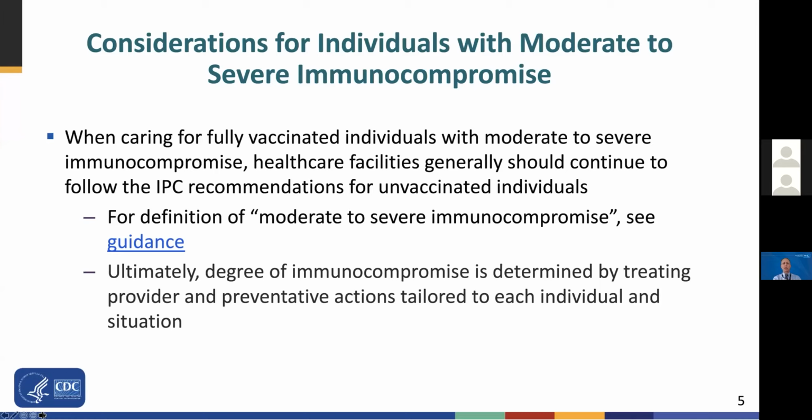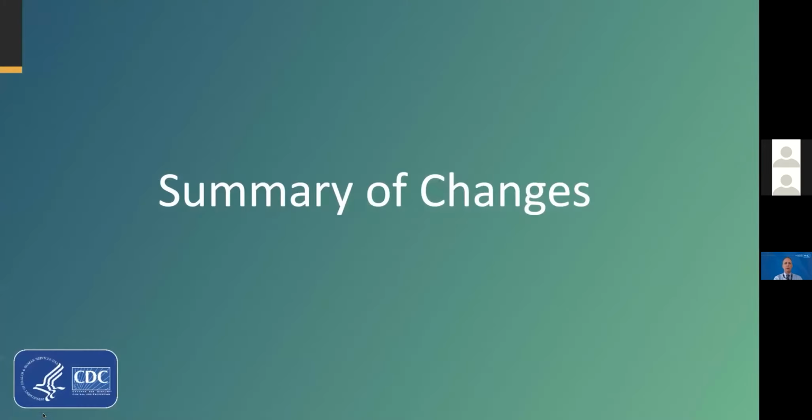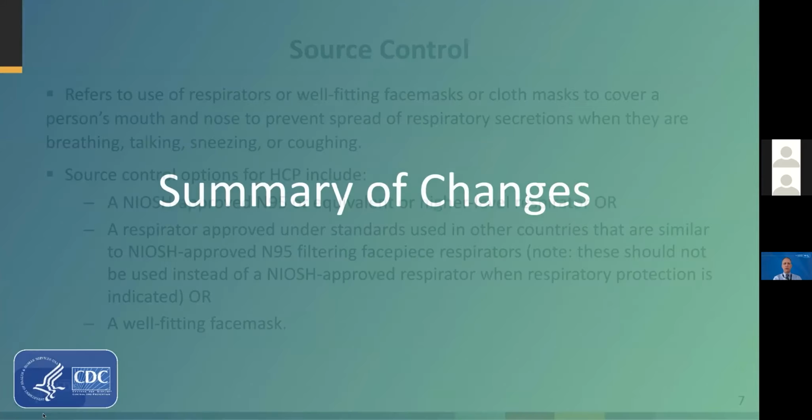So when we're tailoring our different recommendations to vaccinated and unvaccinated people, in general, I think it's a good rule of practice to put those people in the unvaccinated category, just to ensure a higher level of protection for those folks. Next slide, please.